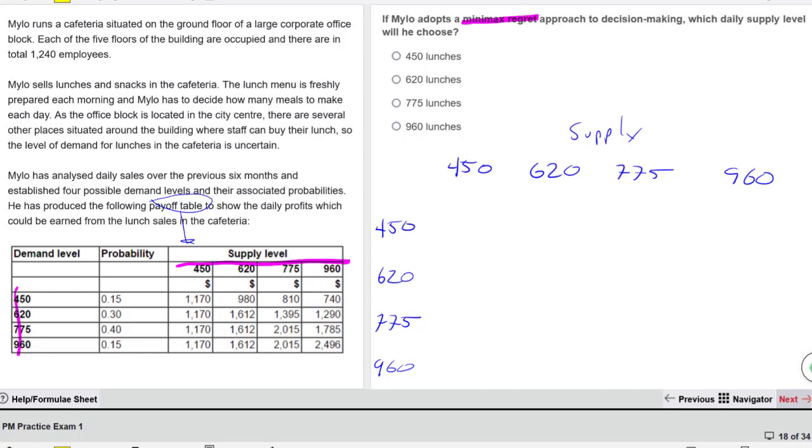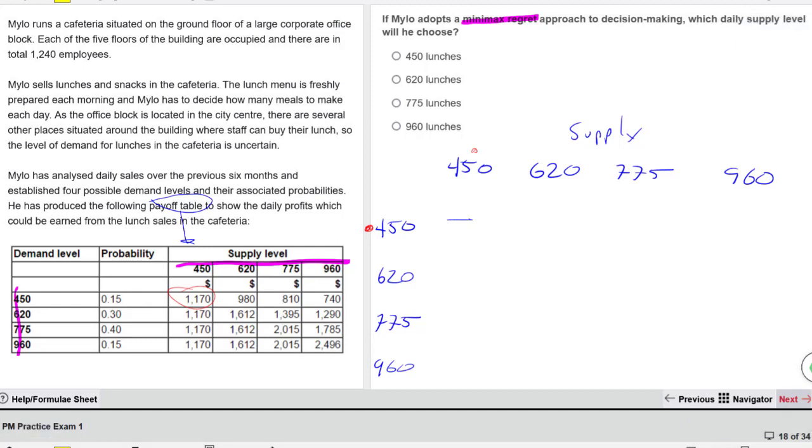Okay, so it works like this. I'm going to go across the demands starting with 450. If the demand is 450 and I choose to produce 450 lunches, then I earn a profit of 1170, which is the highest profit. So there is no opportunity cost. I have no regret of that decision.